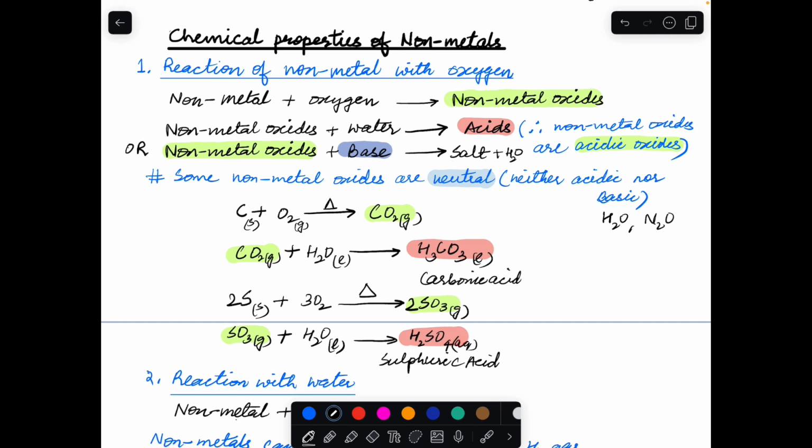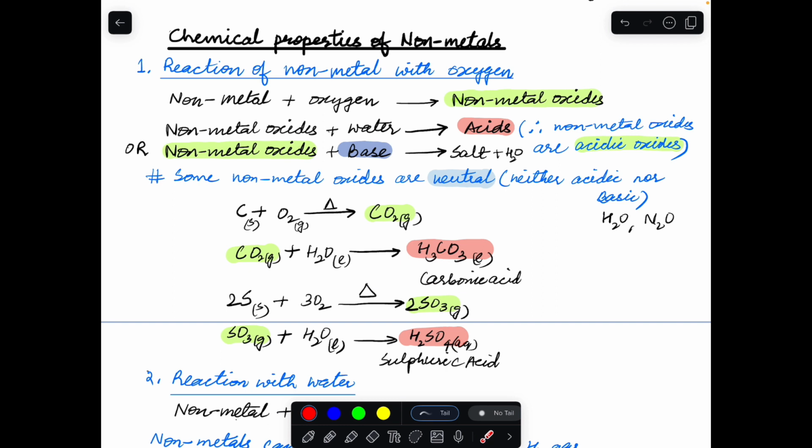Now let's come to how we show the formation of oxides with reactions. When carbon or coke is burned in the presence of oxygen, we'll get carbon dioxide. Carbon dioxide is an acidic oxide, and this acidic oxide will dissolve in water to give you carbonic acid. This is why we are saying they are acidic oxides, because they will form acids.